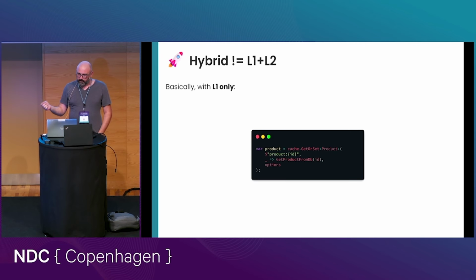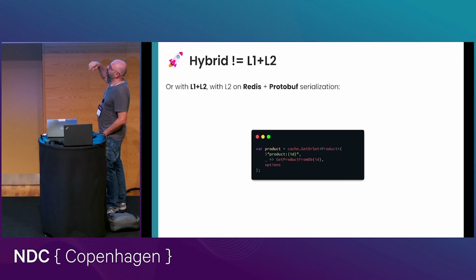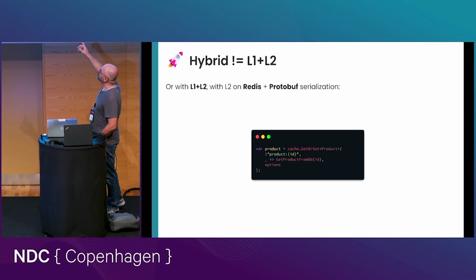For example, this is the code to work with a hybrid cache. In this case, it's FusionCache, with only L1 configured, so only the memory level. And keep your eyes on the code. This one is the same code for L1 plus L2. In this case, this is Redis as the distributed cache, and the serialization format is protobuf.